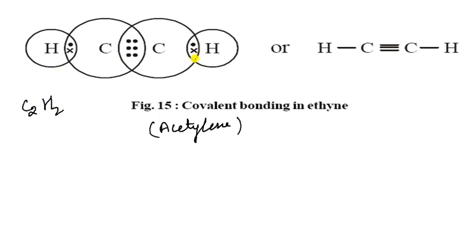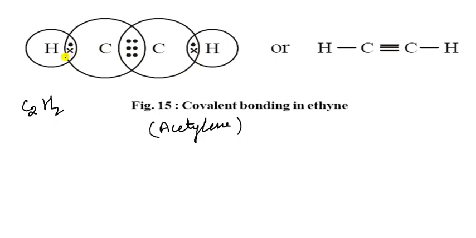Now come to the ethyne structure, and the general name of this compound is acetylene. So you have to write that the general name of this compound is acetylene. The formula is C2H2.